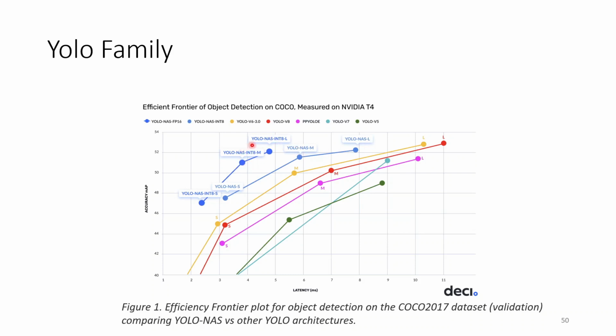The NAS means they use algorithms to automatically tune the hyperparameters. Because when you train a neural network, there are many hyperparameters: how many layers there are, how large the resolution of each layer is, etc. So the company, Deci, I think they are a software developer or something else.